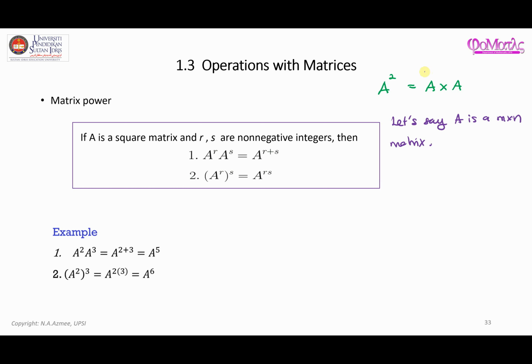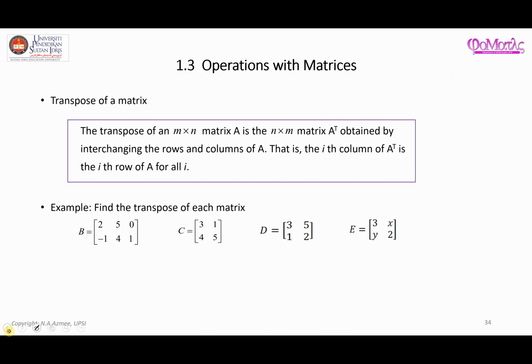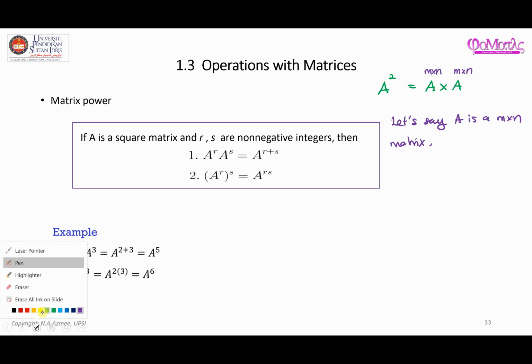Then the size of A is m times n, and the other A here is also m times n. Can you see what the problem is? The problem is we don't have the same value at this position. If we don't have the same value at this position, then the multiplication process cannot be executed.